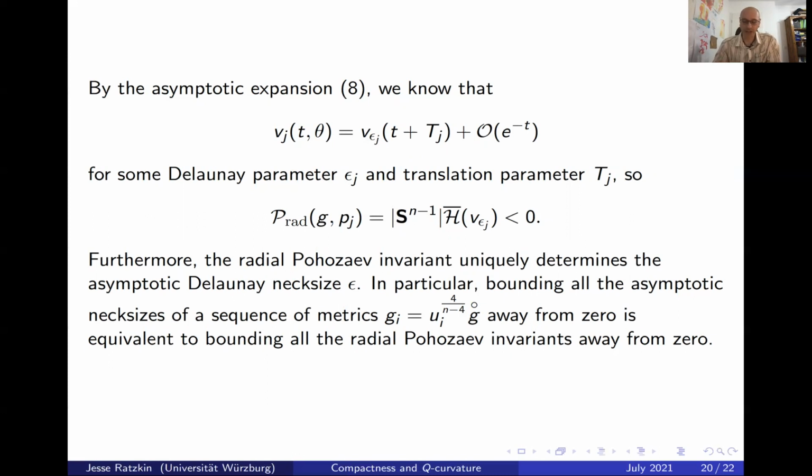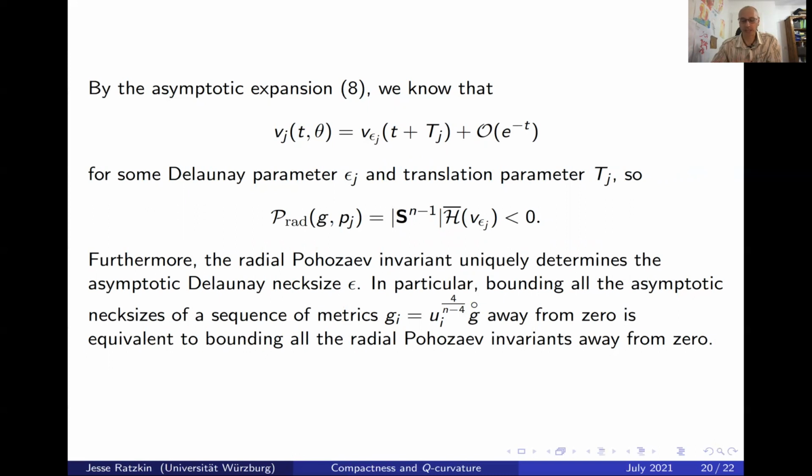So in particular, bounding all of these asymptotic neck sizes away from zero is equivalent to bounding all of the radial Pohozaev invariants away from zero. And we're going to use this equivalence later on in the proof of the theorem.